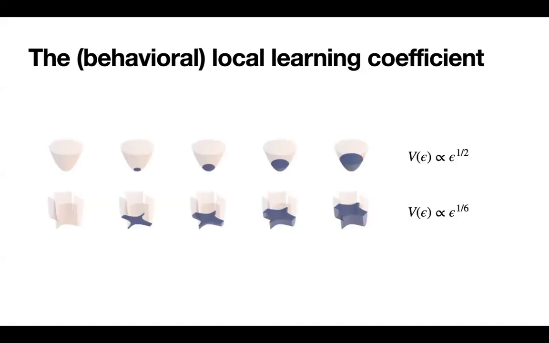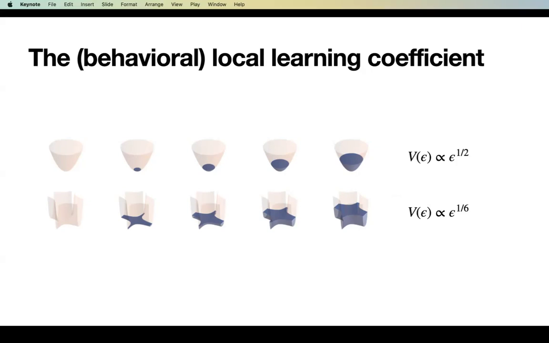So here are two examples of what I mean. On the top, I have a regular model. Oh, actually, these proportionality constants are wrong. That should be epsilon to the negative one on top, or yeah, those are wrong.